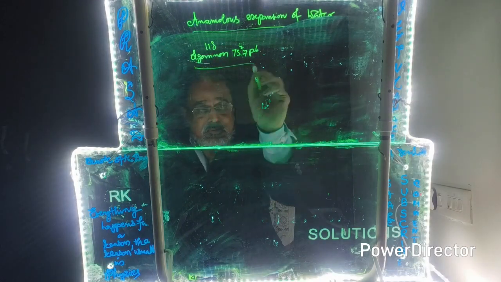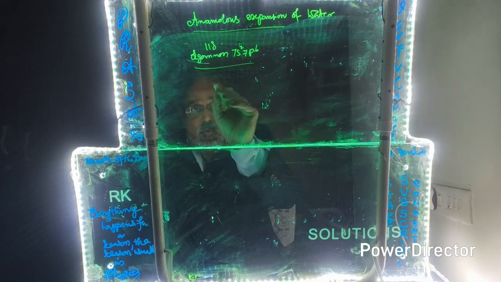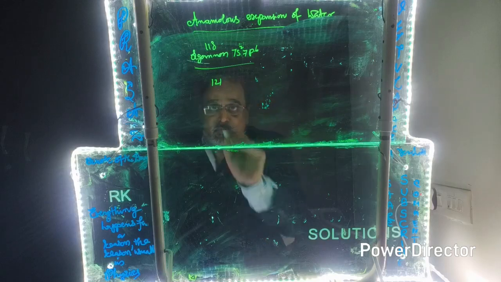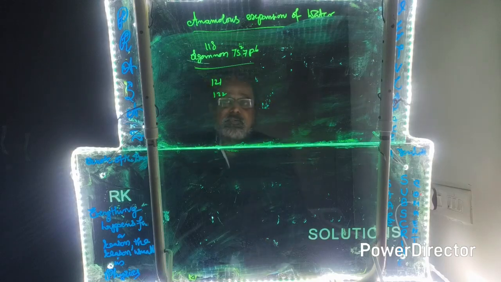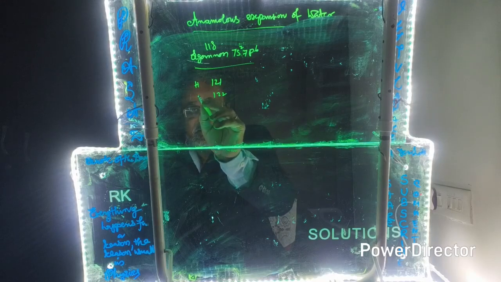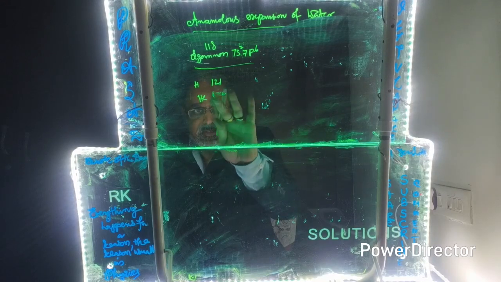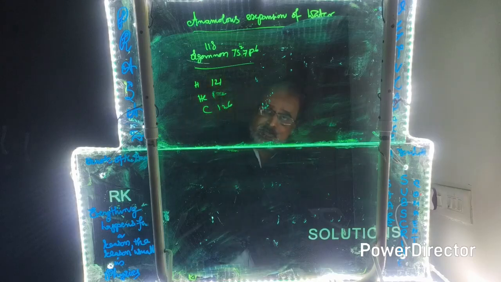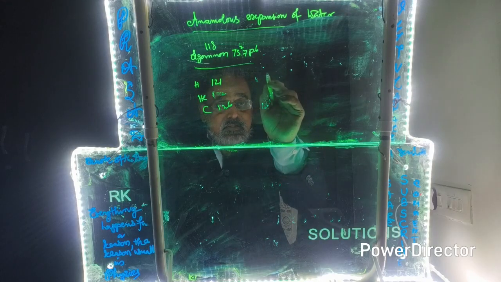The 118th element is this one. So if you want element 121 and 122, this is like hydrogen, this is like helium, not 122, let's say carbon 126. Till 126 we want the methane.